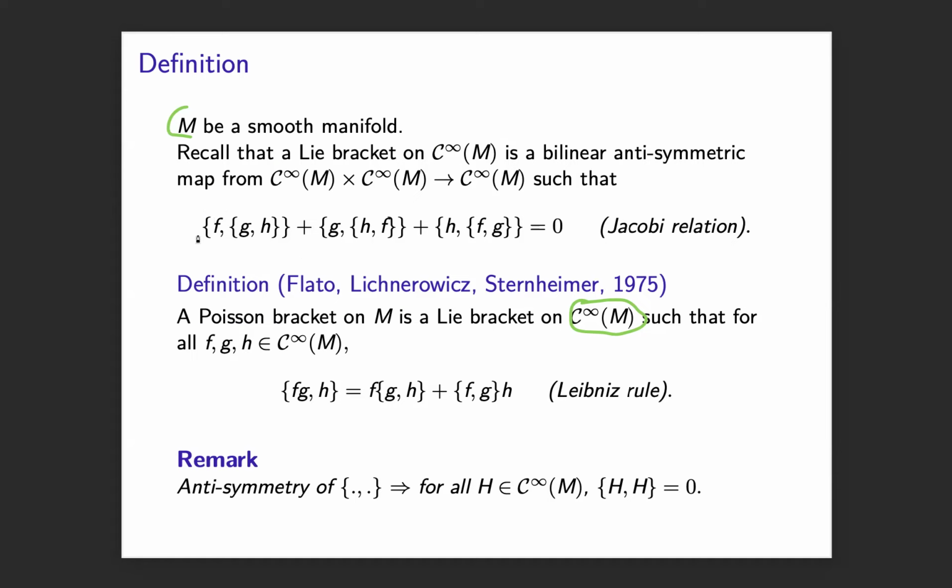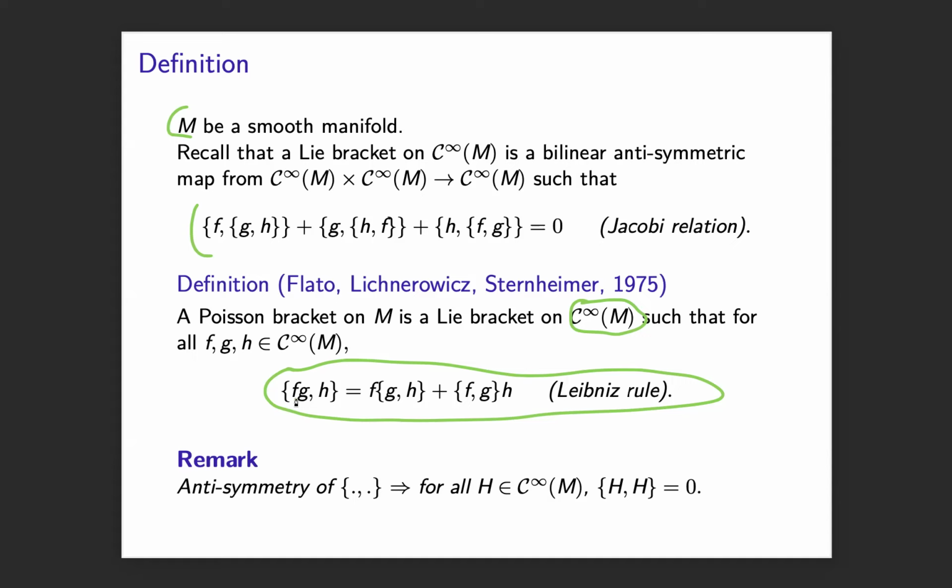The Jacobi relation I just mentioned. So a Poisson bracket on M is a Lie bracket on C infinity of M, such that for all F, G, H in C infinity of M, the Leibniz rule is verified, meaning that there is some compatibility between the product of smooth functions and the bracket.